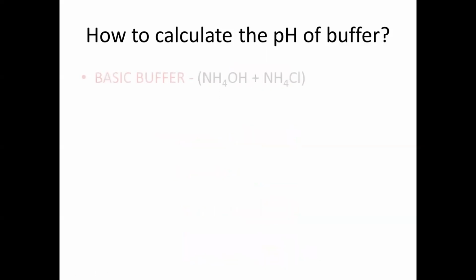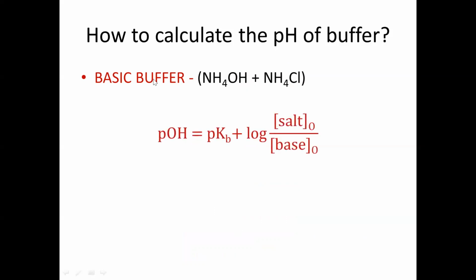In a similar way, we can derive the Henderson-Hasselbalch equation for a basic buffer, which says that pOH is equal to pKb plus log of salt upon base. We can derive this equation in the same way that we derived it for an acidic buffer.